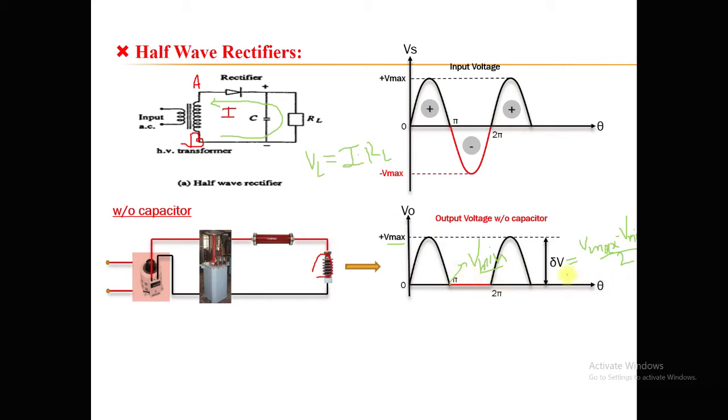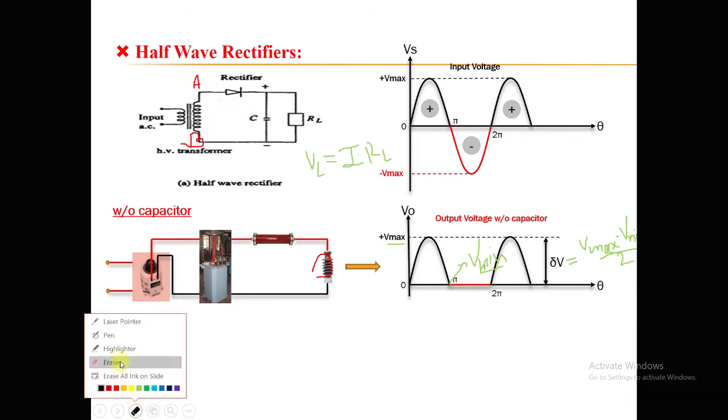If I consider the ripple factor, the ripple factor is very high in this case when the capacitor is not connected. So what I need to do is remove this harmonic, and to remove this harmonic, I need to connect the capacitor. So let me first wipe this out.